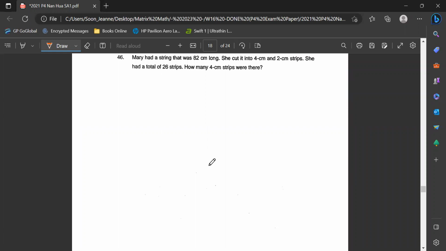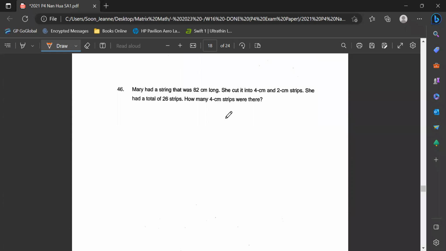The last question. Okay. Mary had a string that is actually 82 cm. She cut it into 4 cm and 2 cm strips. She got a total of 26 strips. I want to find the number of 4 cm strips. So this one is actually a supposition question.